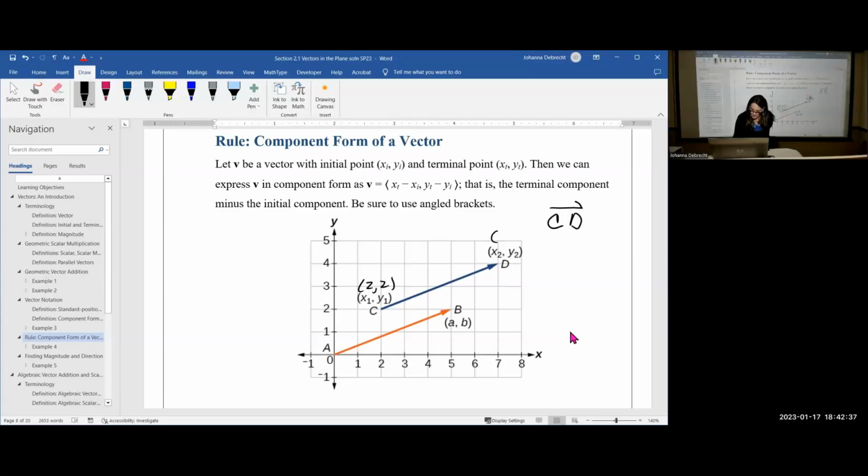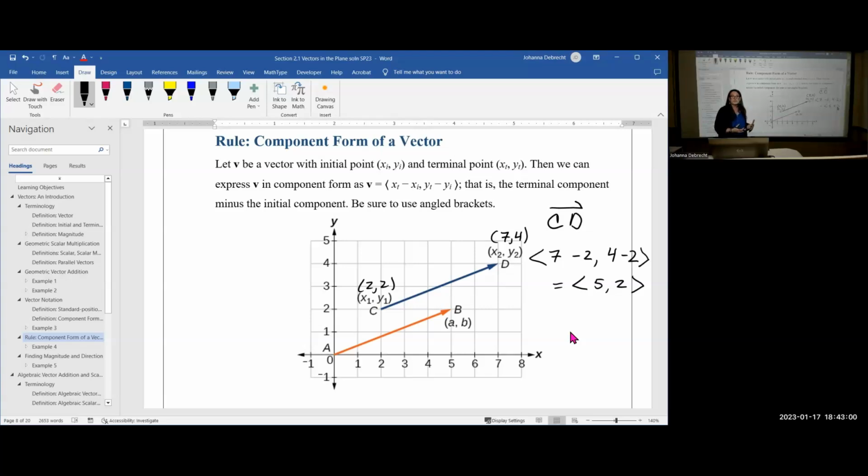And D looks like it is at 7, 4. In order to find CD, I'm going to take the 7 and subtract the 2, and the 4 and subtract the y coordinate 2. And this will give me the vector 5, 2. All right. So it's the vector 5, 2.